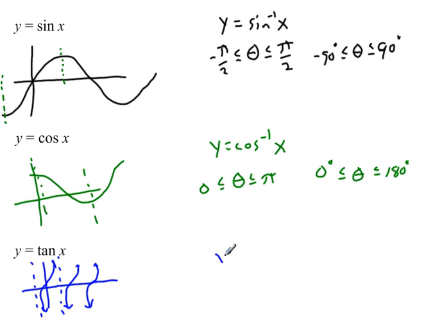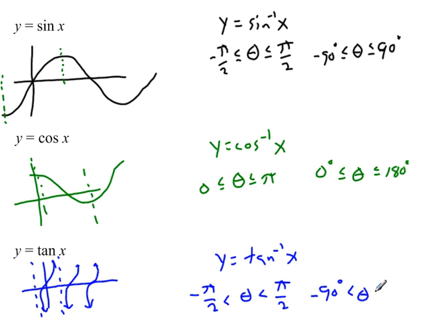So we can say, yes, there is an inverse tangent function, but it only works for the values in radians between negative pi over 2 and pi over 2. Or if you like degrees, that's between negative 90 degrees and 90 degrees.